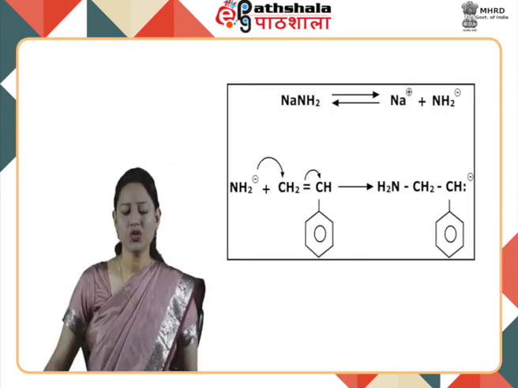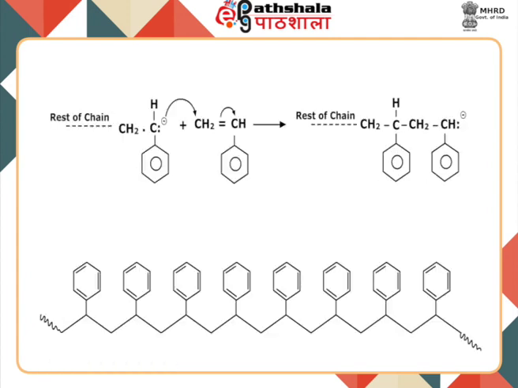Anionic polymerization reactions also involve carbanion formation. Polymerization involving anionic intermediates is known. For example, anionic polymerization of styrene in the presence of sodamide proceeds with the formation of a carbanion intermediate in the chain initiation and chain propagation steps.